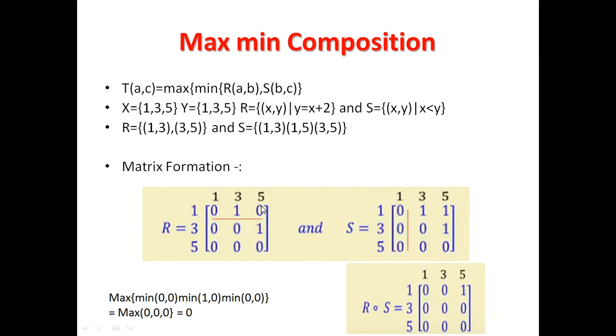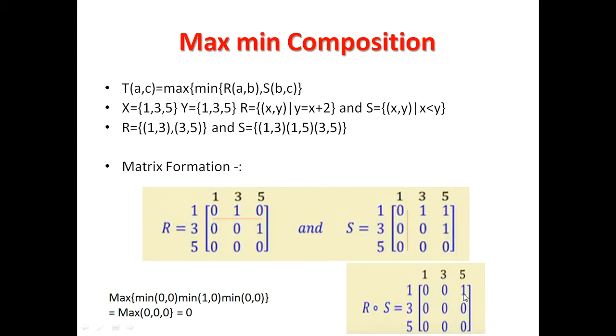For the third one, the minimums are 0, then min of 1 and 1 is 1, then min of 0 and 0 is 0. So we get max of 0, 1, 0, which is definitely 1. So we have 1 here.